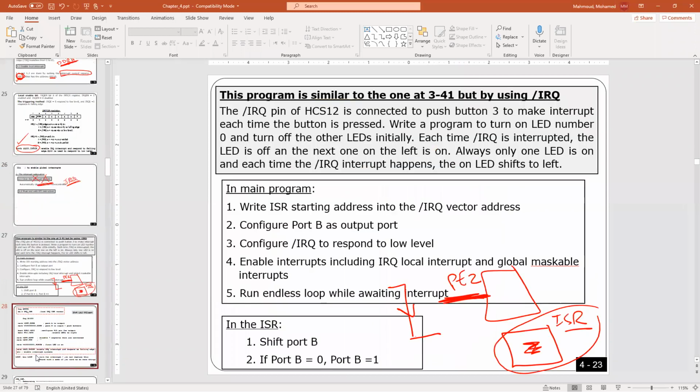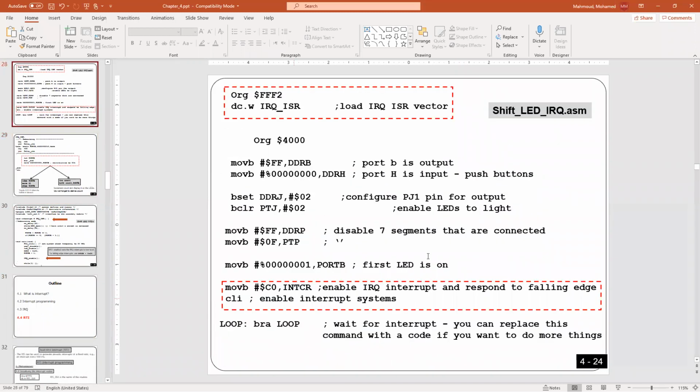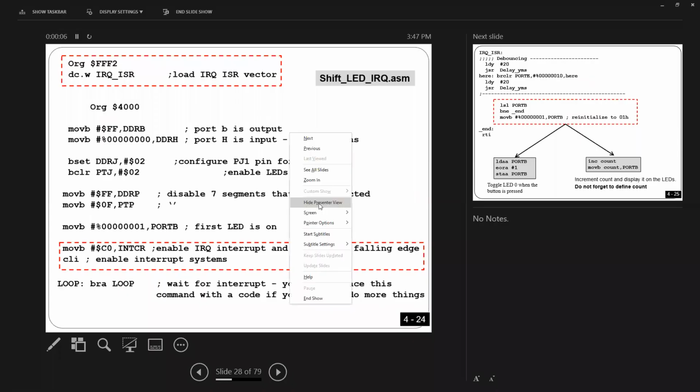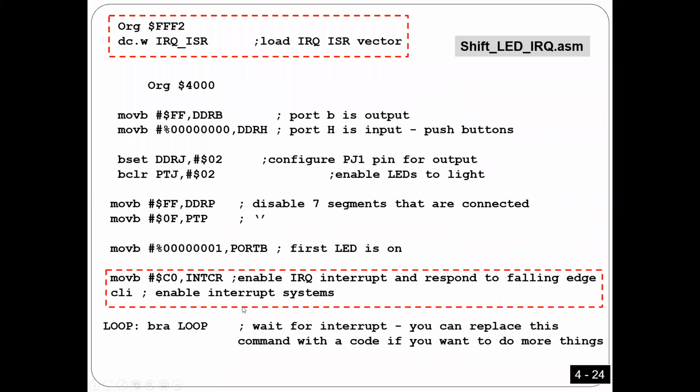So now let's come to the program here. Let's see the configuration. This is similar to the program I taught last time when I explained push buttons, or anyway before in chapter 3.